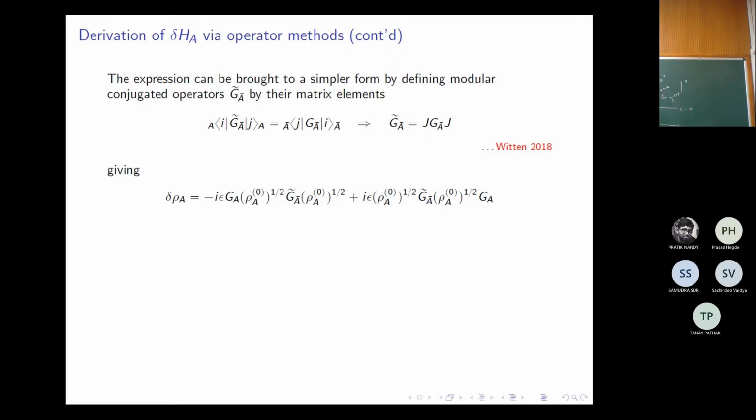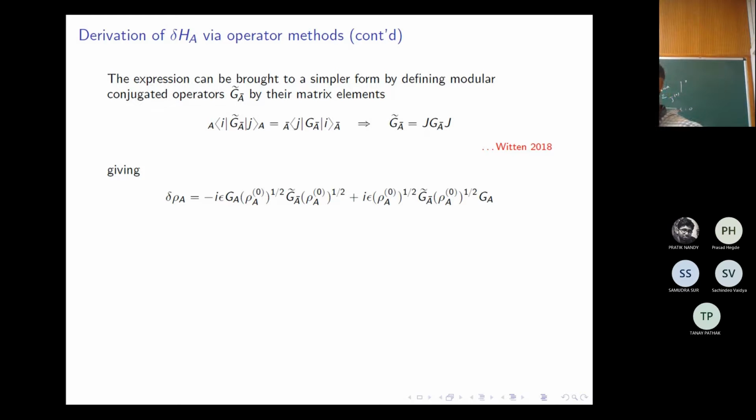In Tomita theory, I don't want to get into the detail of this. There is an antilinear operator S, which has a unique decomposition J delta to the half, and J is the Tomita modular conjugation operator. For Rindler, it becomes CPT. This is actually one of the reasons why things simplify for Rindler.